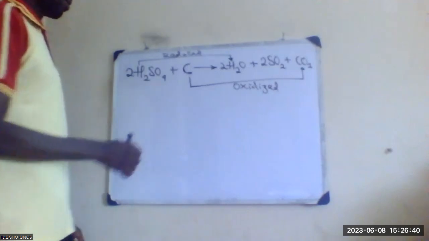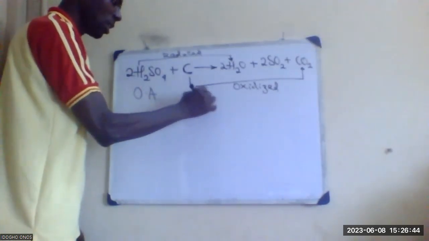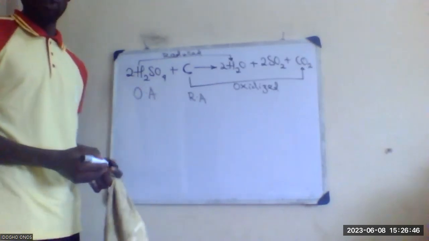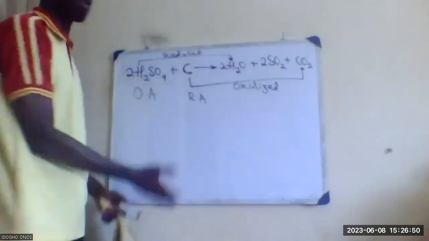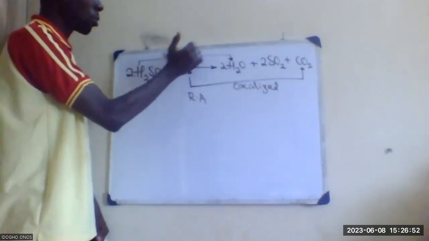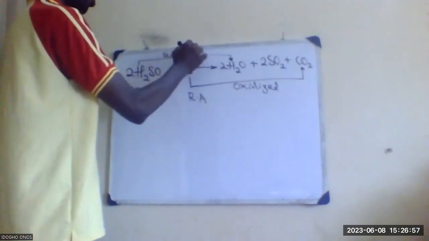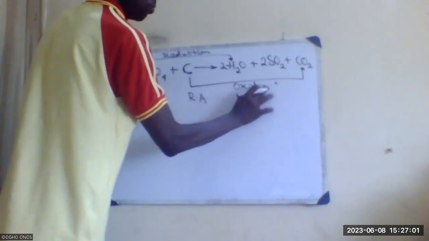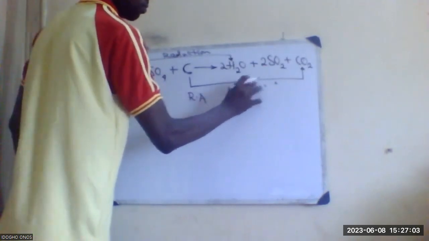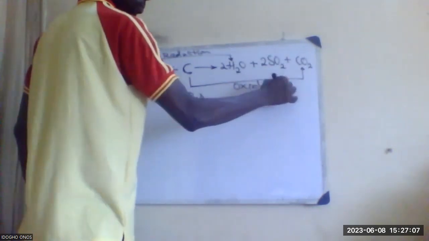So it is the oxidizing agent, and this is the reducing agent. As simple as that. Once the student can identify the part that is reduced, it's also very simple. Once you know the reduction, you automatically know the oxidation. So this is reduction, while this is oxidation.